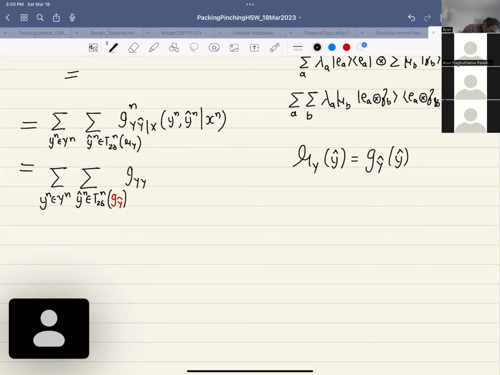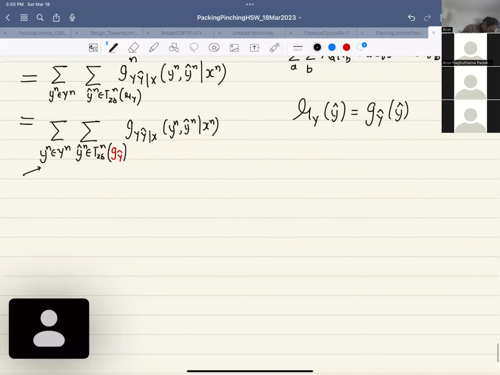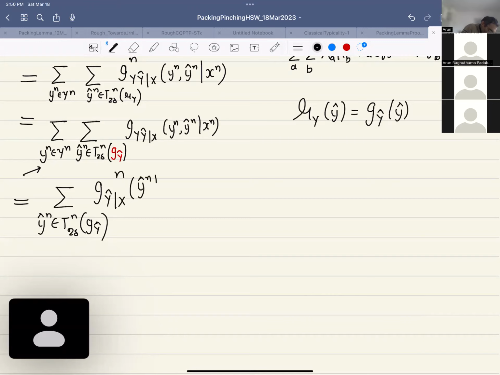G y hat of x of yn, y hat n given xn. Now I am summing over all yn. If I sum over all yn, I'm going to get y hat n belonging to T2 delta n g y hat, of g y hat given xn of y hat n given xn.